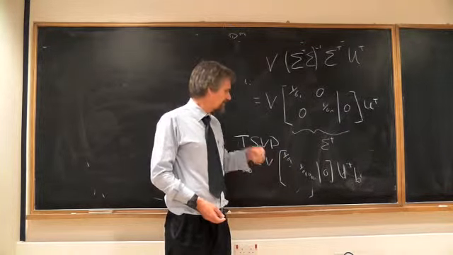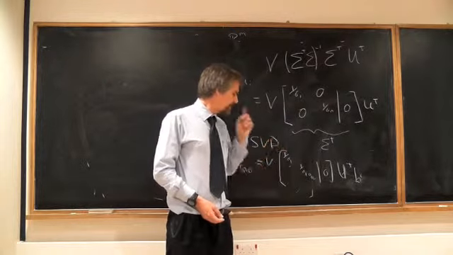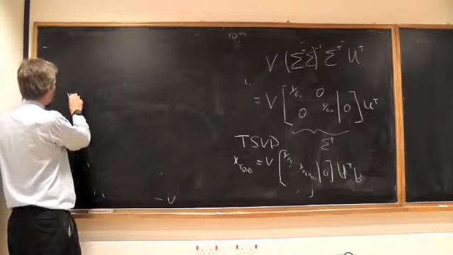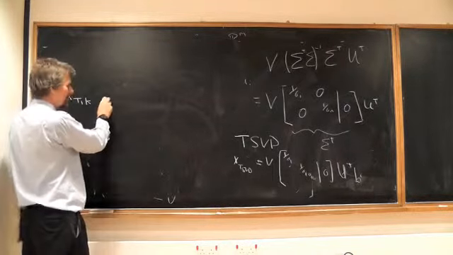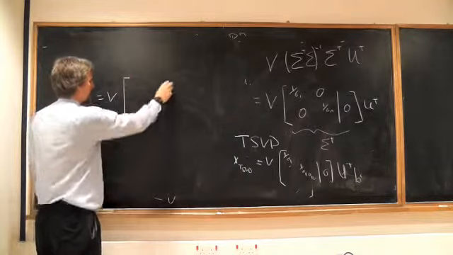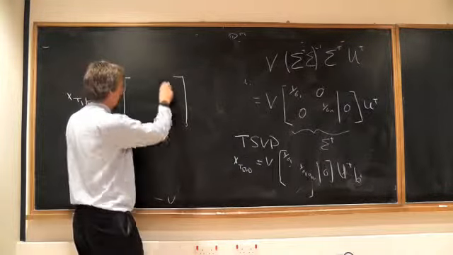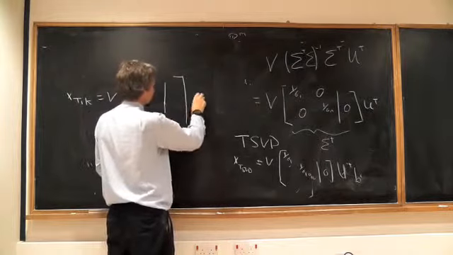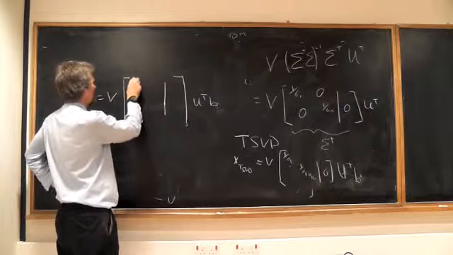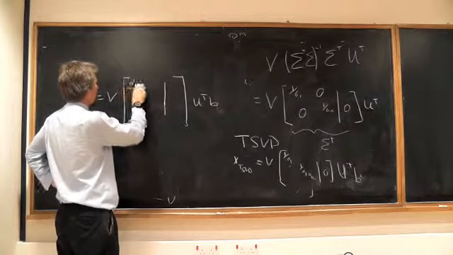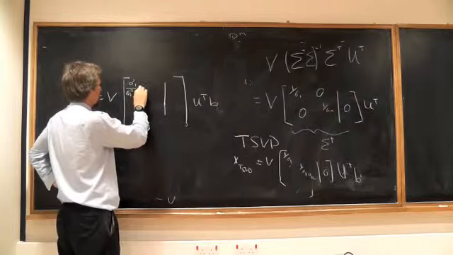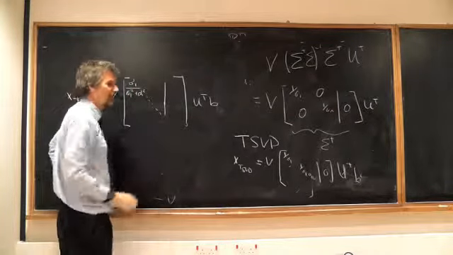You look at the decay of the sigma i's, and you can mess with them in various ways. In fact, the Tikhonov regularized solution, x Tik, is obtained in a very similar way, where you just interfere with the singular values in a different way. Here, you replace 1 over sigma by sigma over sigma squared plus alpha squared.